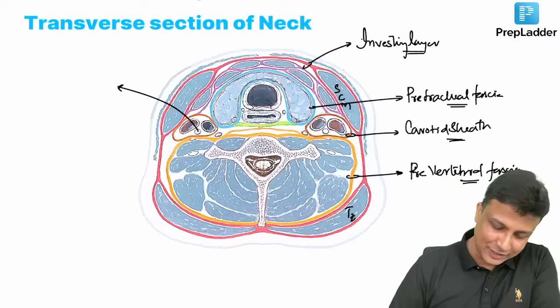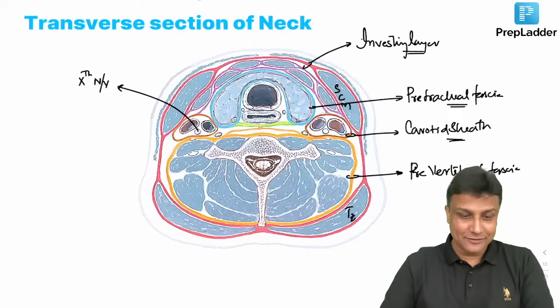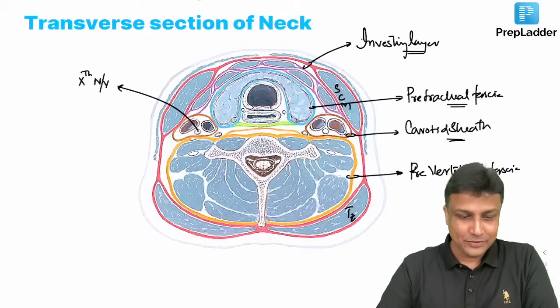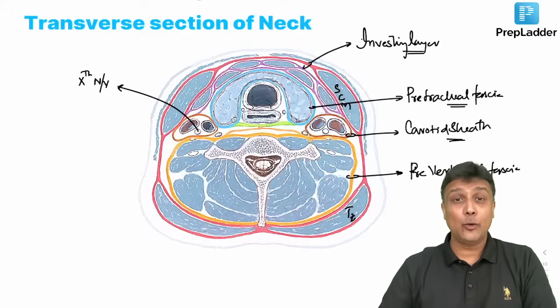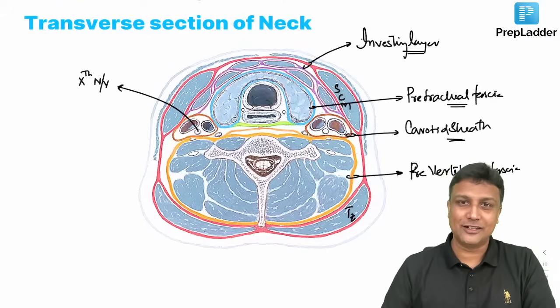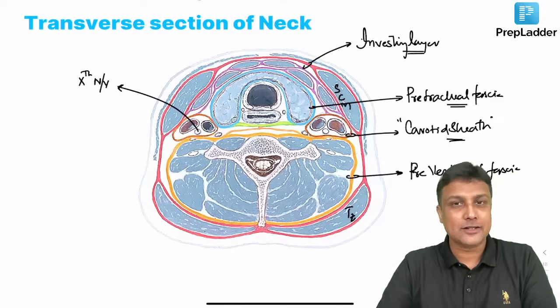Yes, of course, it is your 10th nerve here, sir. This one will be the vagus nerve. Now, how can you identify this one as a vagus nerve? Absolutely correct, Dr. Krishna. Absolutely correct, everyone. It is the vagus nerve. How can you identify it? It is the one which is present inside the carotid sheath, guys. That is your vagus nerve.